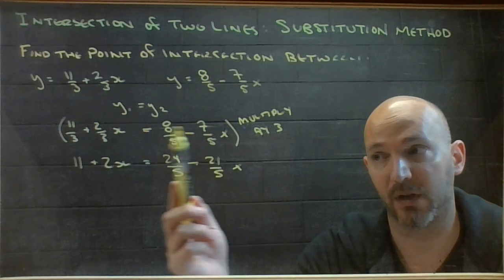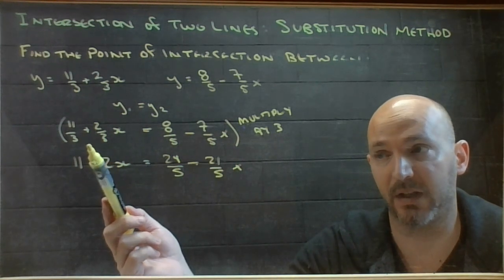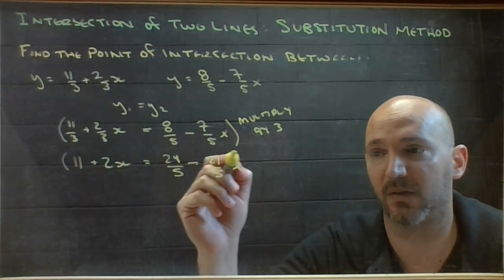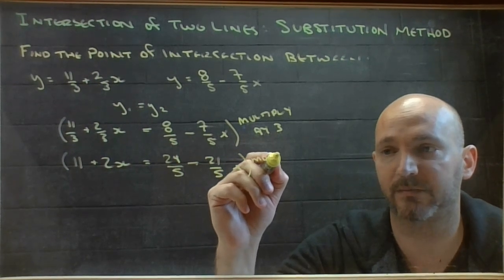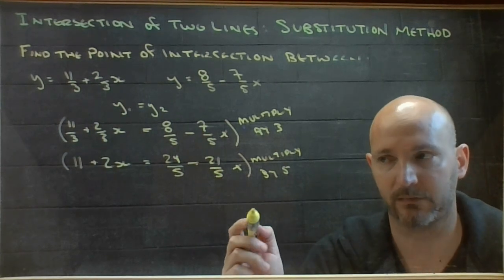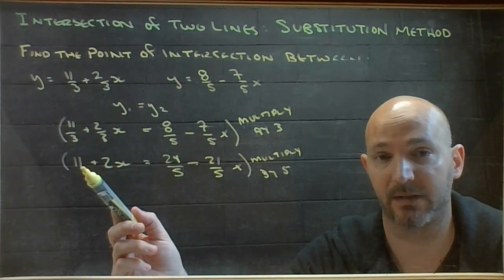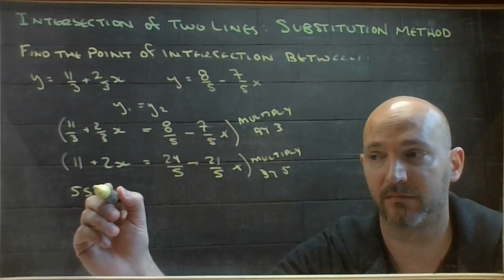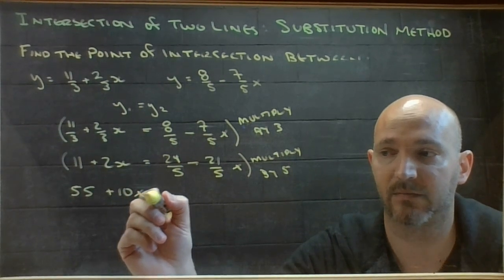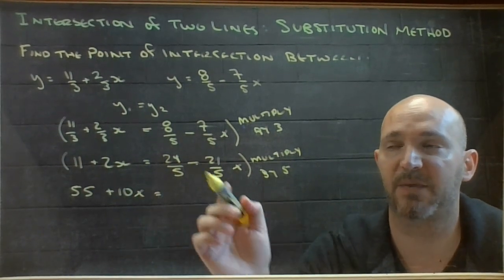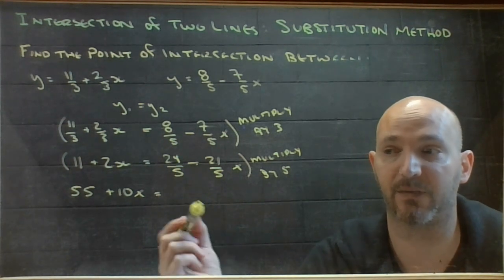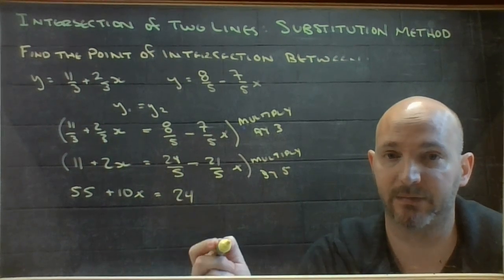Now, if this method worked to eliminate divide by 3 over here, I can use it to eliminate divide by 5 over here. I'm going to take this whole line and I'm going to multiply it by 5. So 5 times 11 would be 55. 5 times 2 is 10x's. 5 times 24 is 120, and then 120 divided by 5 is 24.